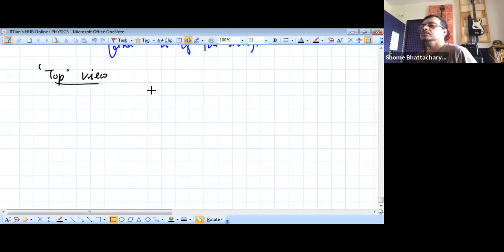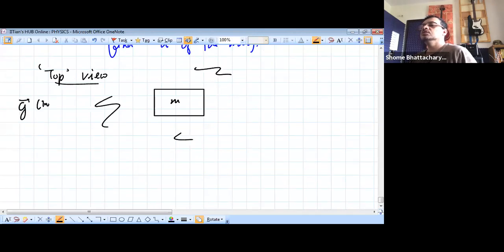If this is the ceiling of that block, this is the horizontal surface on which it is lying. So here gravity is into the plane in this diagram. Gravity is a vector that is going straight into the plane. So in this diagram, the forces are drawn like this.